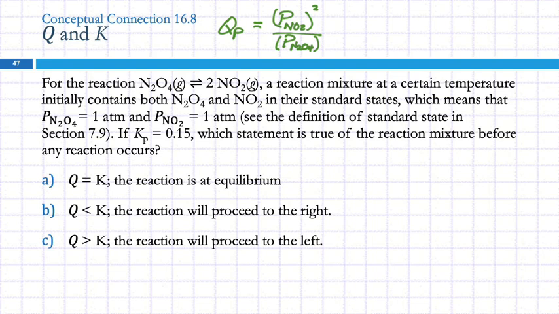So then Q is equal to 1 here. So is the reaction going to go forward or reverse? It's going to go in reverse because, again, Q is larger than the equilibrium constant, and the way it can become smaller is for this pressure to reduce and this pressure to increase. So the answer then is C.